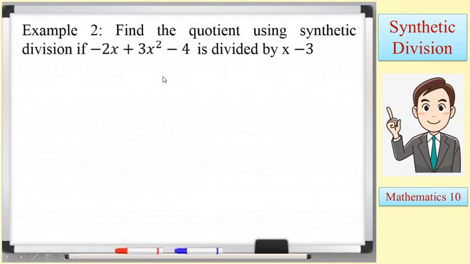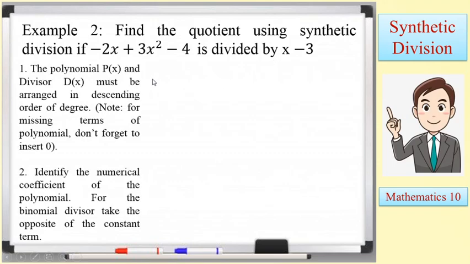Find the quotient using the synthetic division if negative 2x plus 3x squared minus 4 is divided by x minus 3. Okay? So, step number 1 is kung anong ginawa natin doon sa first example natin. The same lang din yung gagawin natin dito sa example number 2.